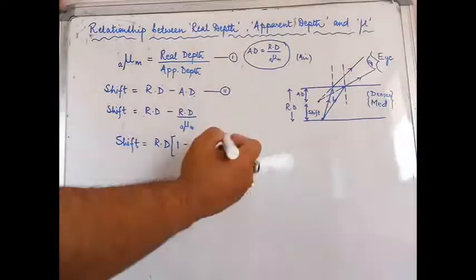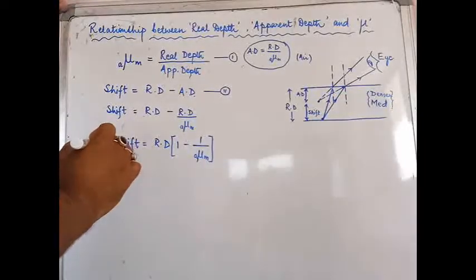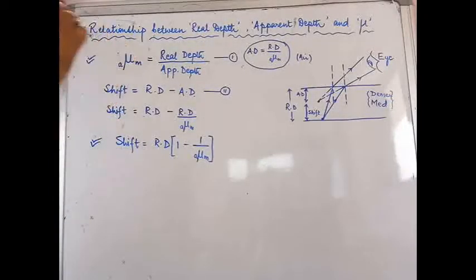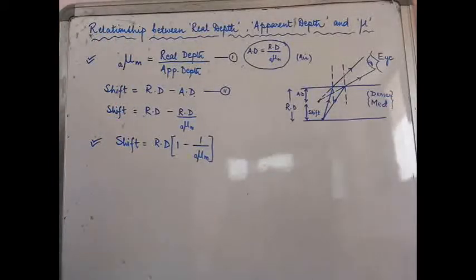Okay, so this is the formula that you have to remember with regards to the shift, and this is the other formula that you have to remember. These two formulas will help you in calculating either the real depth, apparent depth, refractive index, or the shift. Please remember that you will always be given two things and asked the third thing.